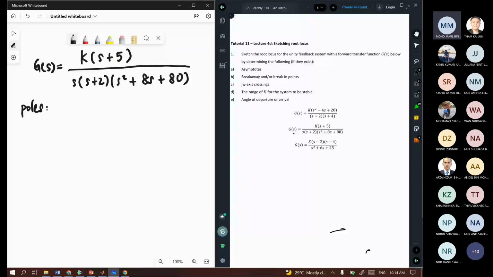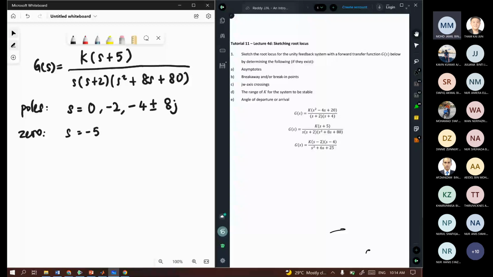So we will get s equals 0, minus 2. And then the last one, you can use calculator solving the quadratic equation. So you get negative 4 plus minus 8j. And then for zero, we have zero at minus 5.